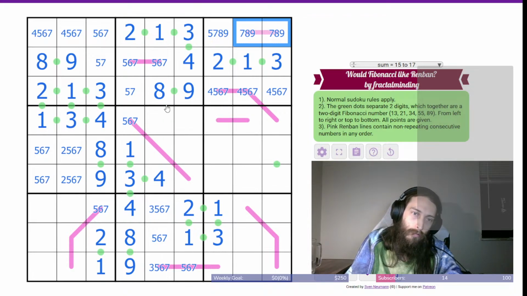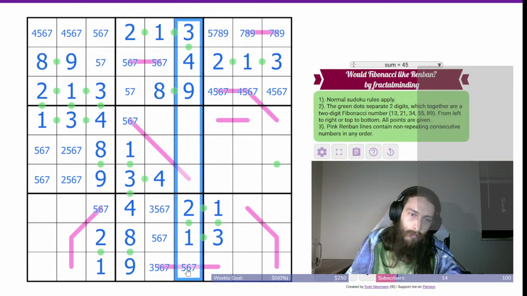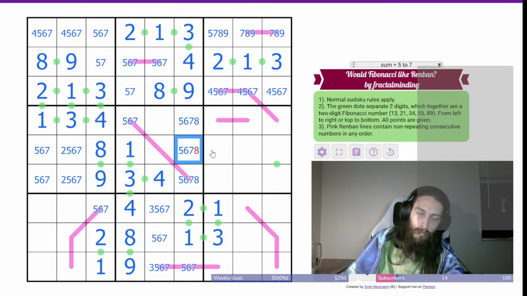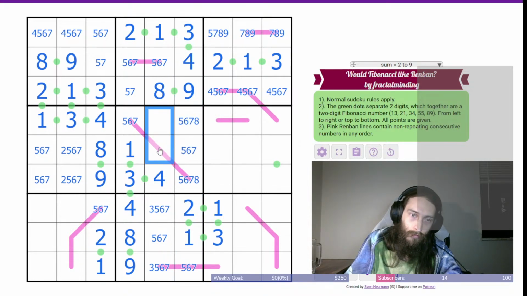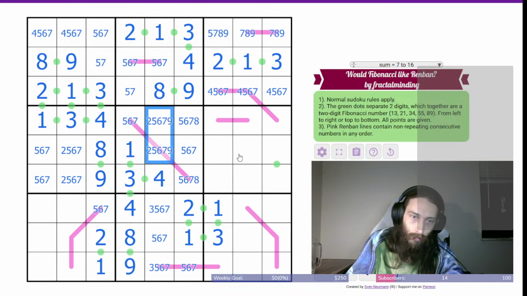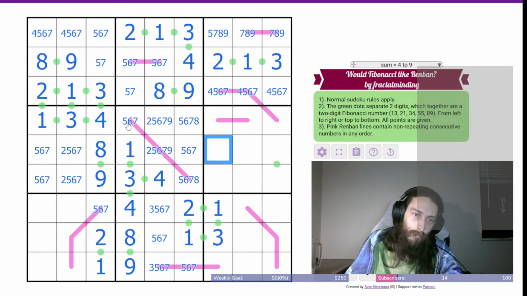Column 6 needs 5, 6, 7, 8. 1, 8, 4, and 3. Well, can I even use a 2 on here? Well, no, because 3 and 4.